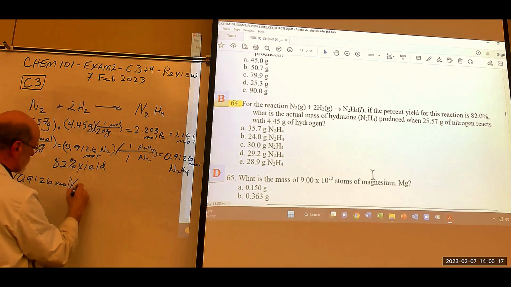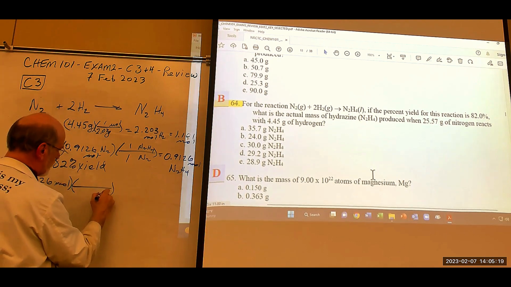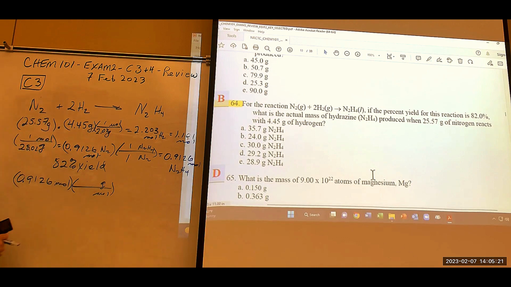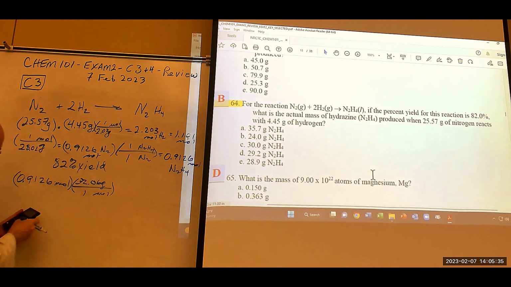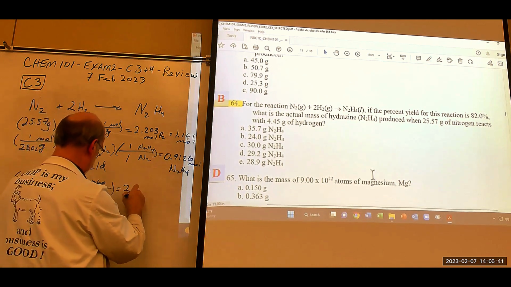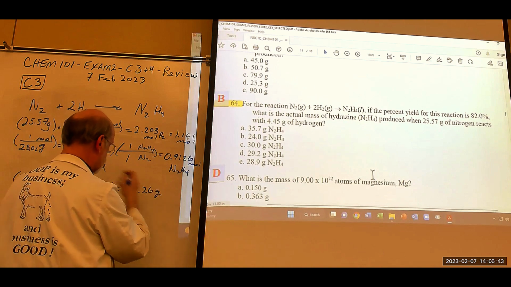Okay, we're going to convert this to mass now. So 2 nitrogens, 28.02, and 4 hydrogens, 4.04, is 32.06. And times 0.9126 is 29.26 grams.